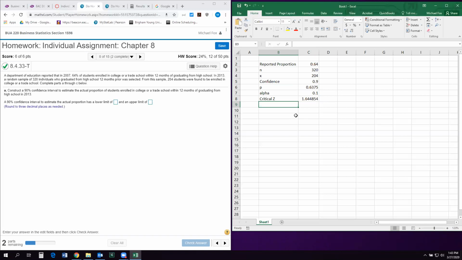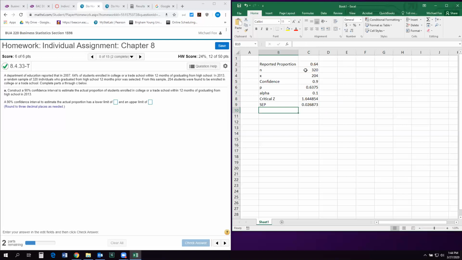The first thing I need to do is find my standard error of the proportion. I'll call that SEP. The formula for that is the square root of P times 1 minus P, divided by N. So that's my standard error of the proportion.